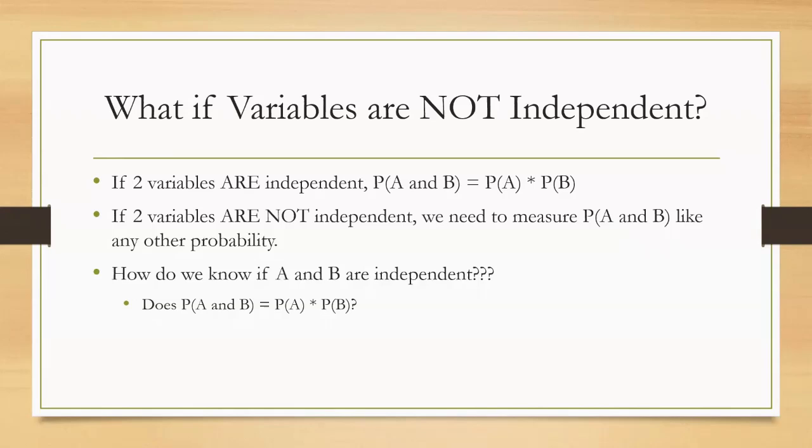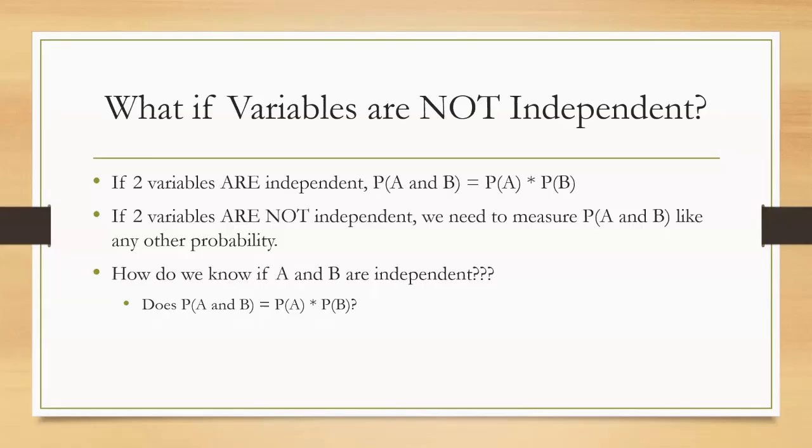We're going to have a reason that we think these variables might be related to one another. So we don't actually think they're independent, or we don't know they're independent. So we have to check it.